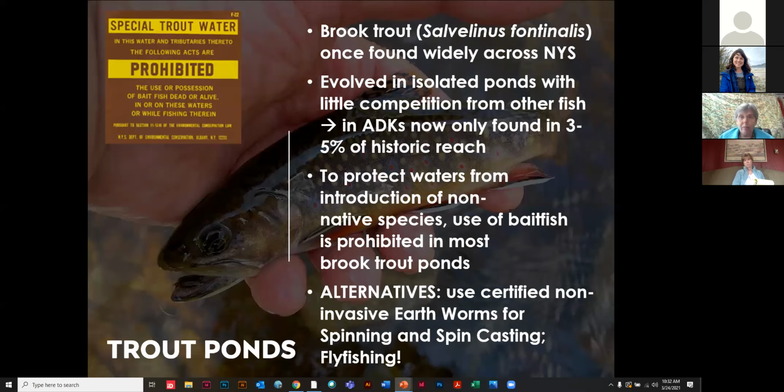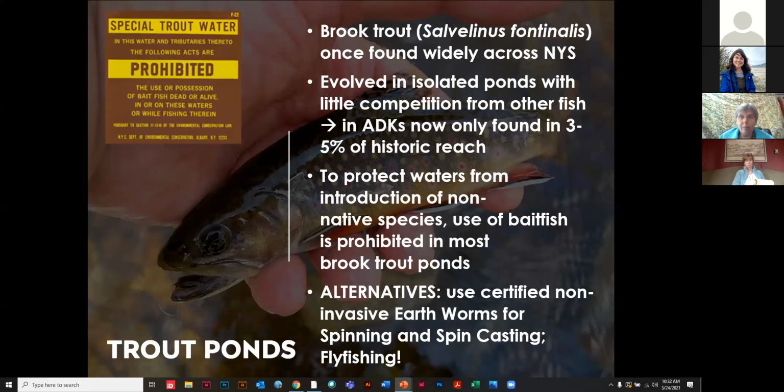And so after this point, when I refer to brook trout, I might be referring to genetically historic fish or wild fish, or I might also be referring to brook trout raised by DEC to continue the species. So that's my little disclaimer there.